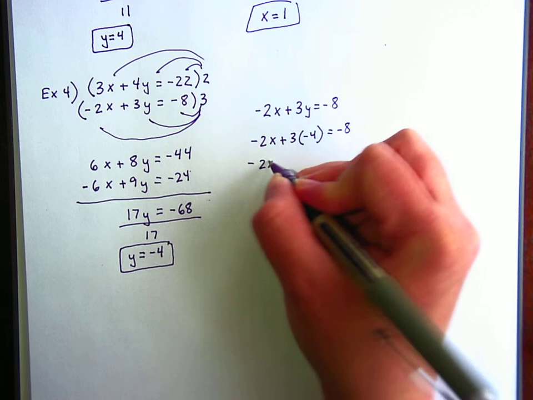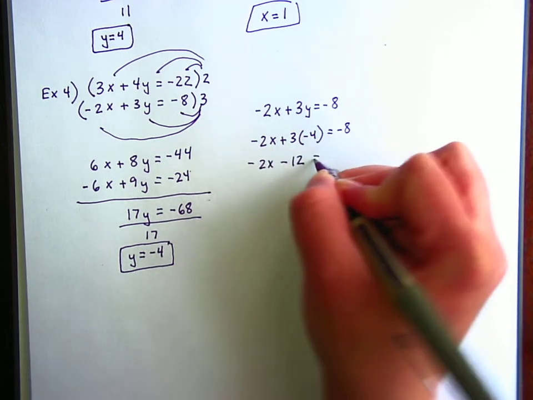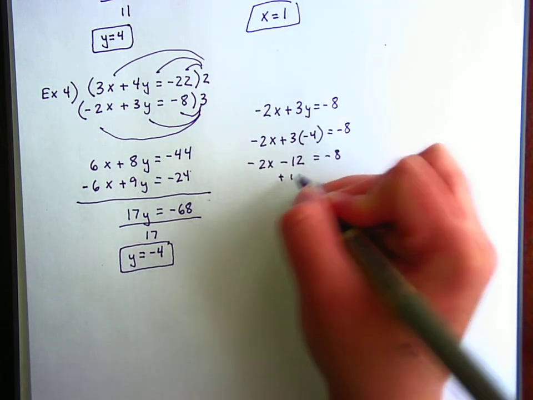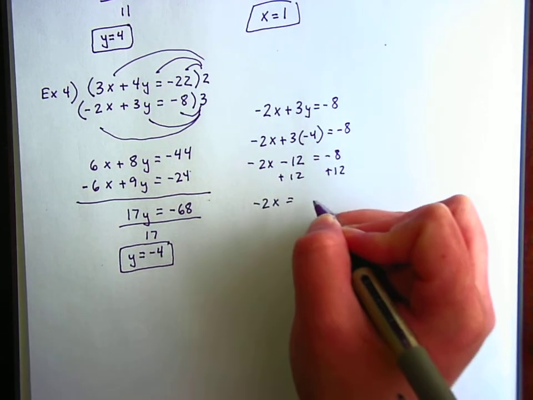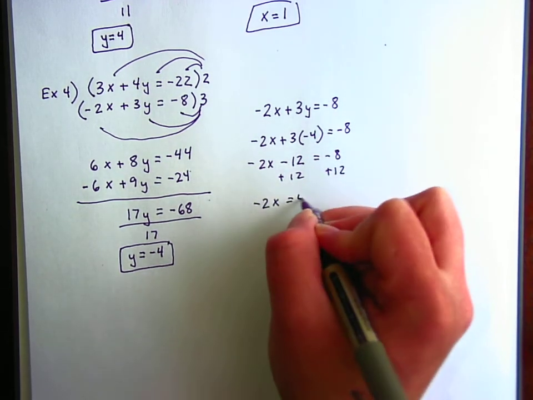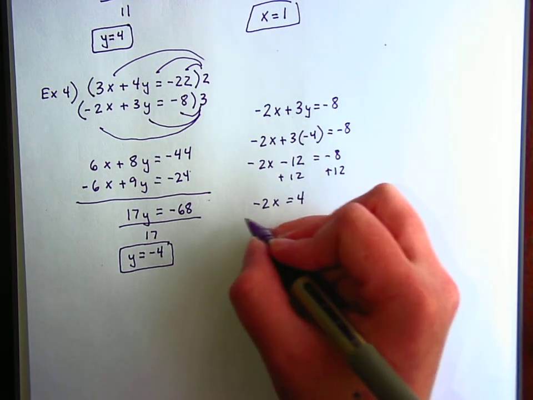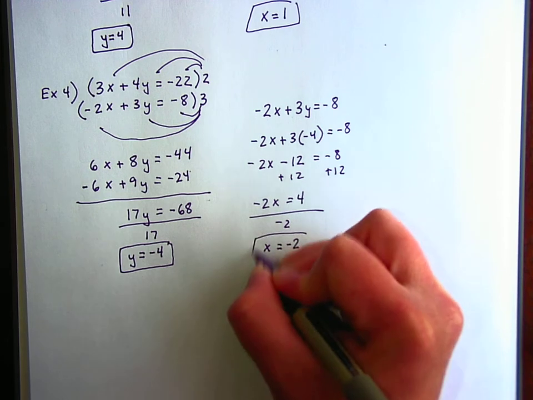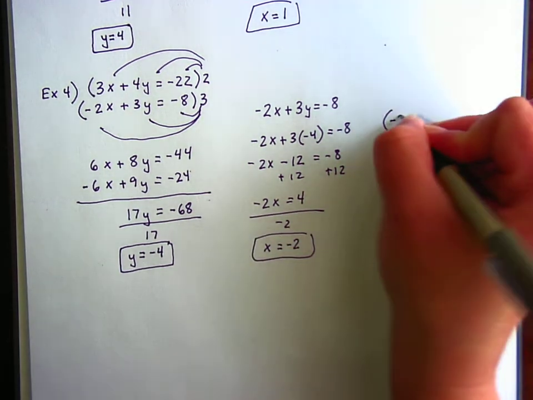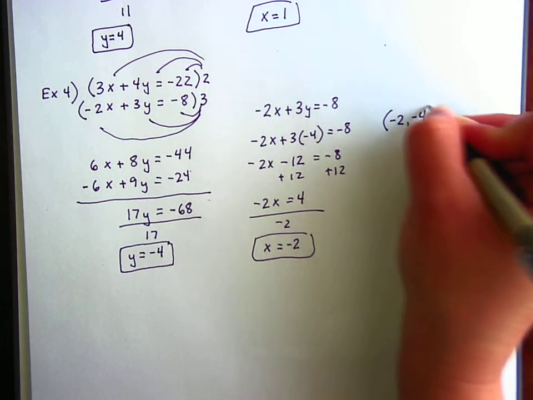So that's negative 2x minus 12 equals negative 8. Add 12 to both sides. I get negative 2x equals 4. And then divide by negative 2, so x ends up being negative 2. So my final answer is negative 2, negative 4.